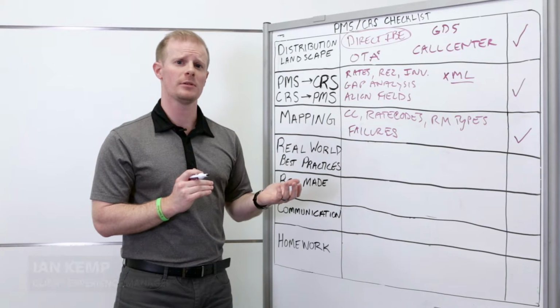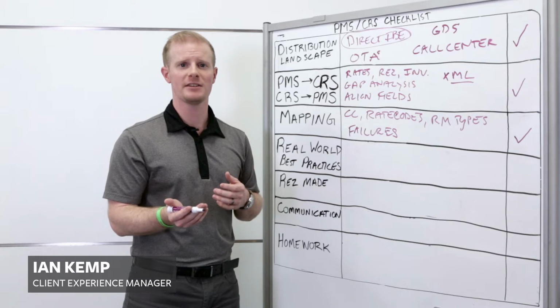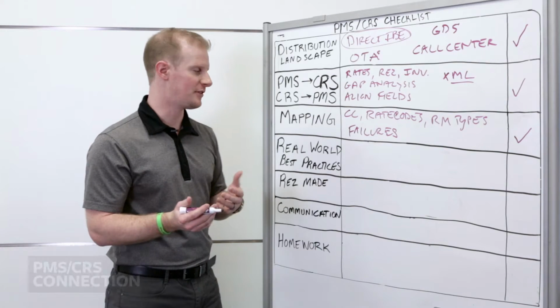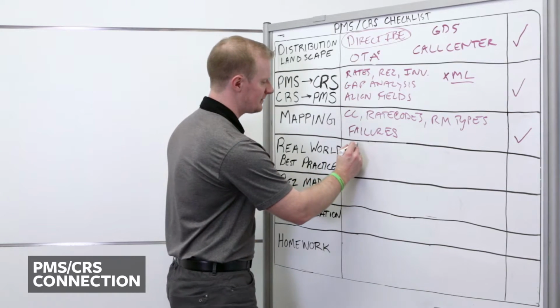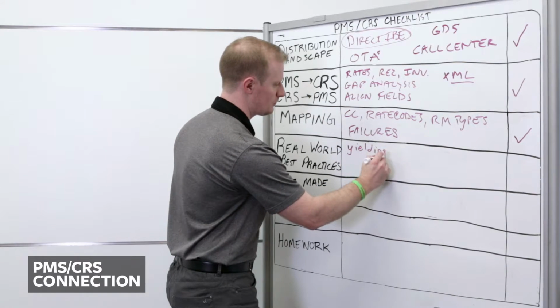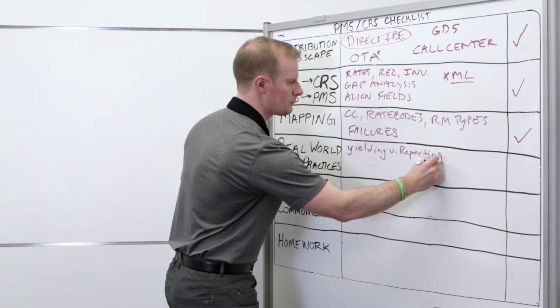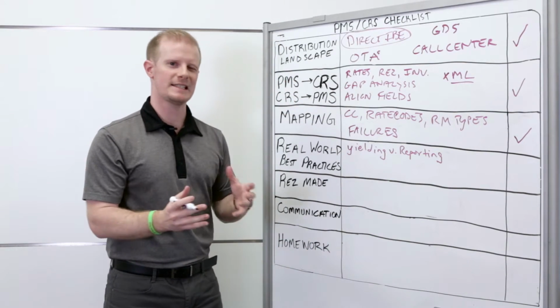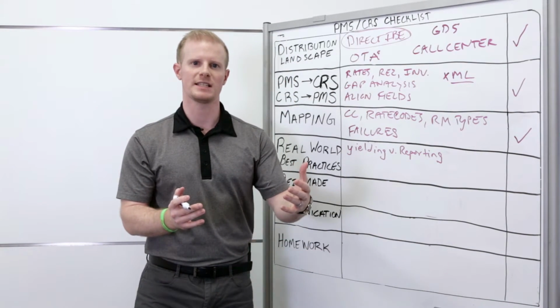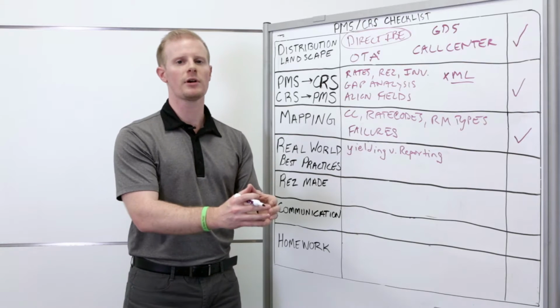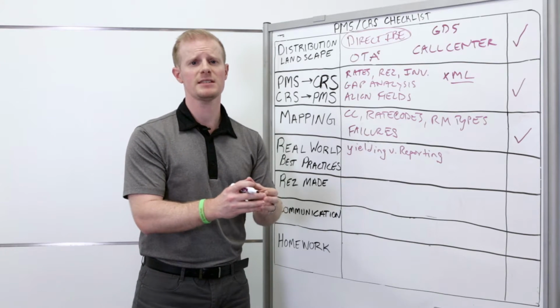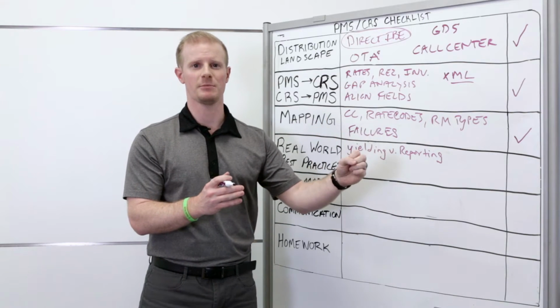So let's look at some real-world best practices for all of our revenue managers and our property level managers out there. So yielding versus reporting could be very important. Let's take your Expedia rate codes, for example. You may want to report on all of your Expedia business in your OTA market segment.